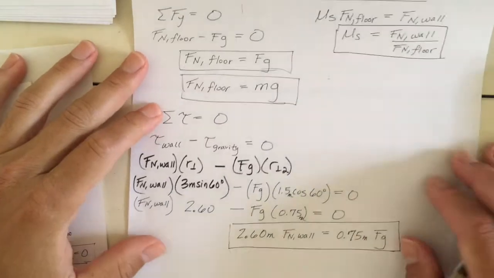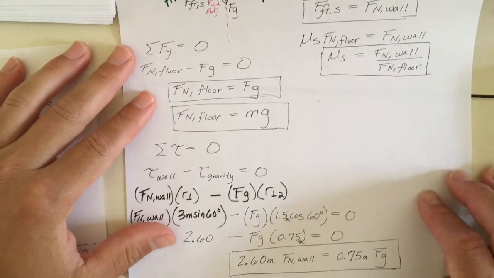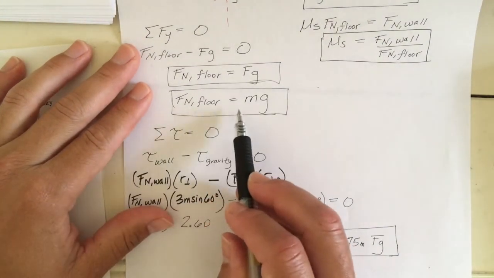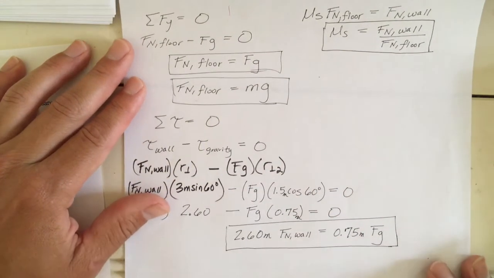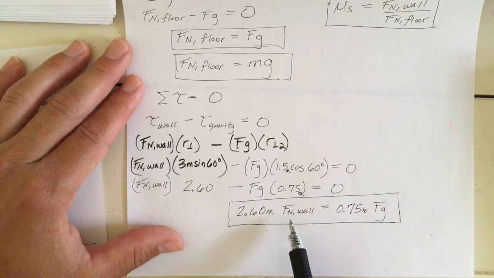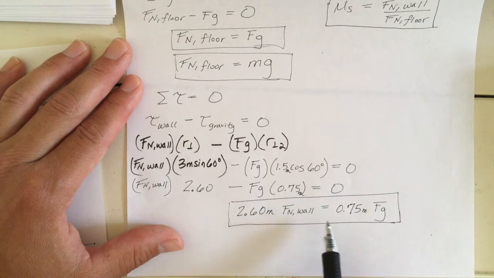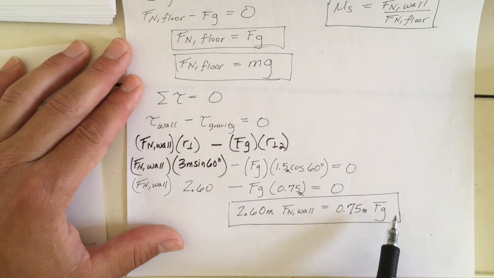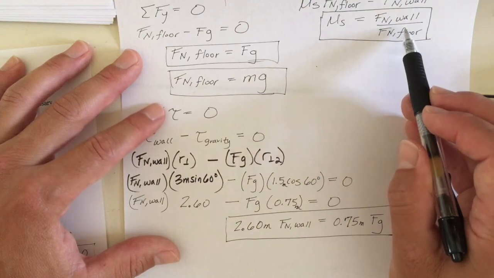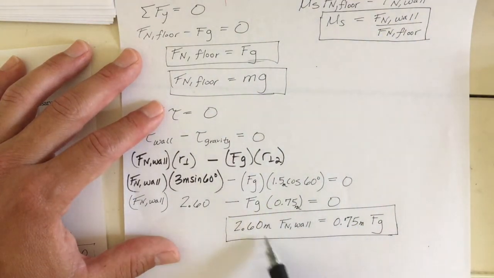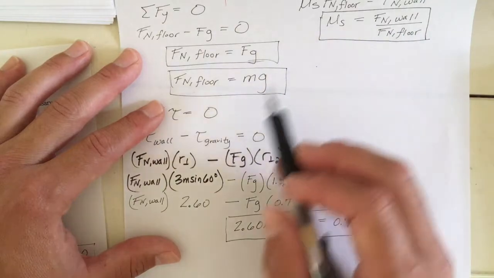Coming up here, we said that the force normal of the floor is equal to mg, right? Down here, we're saying that Fn wall is equal to 0.75 times mg. Ooh. And we notice up here that mu is going to solve by force normal wall, which we could get from here, and force normal floor. I think I'm seeing it.